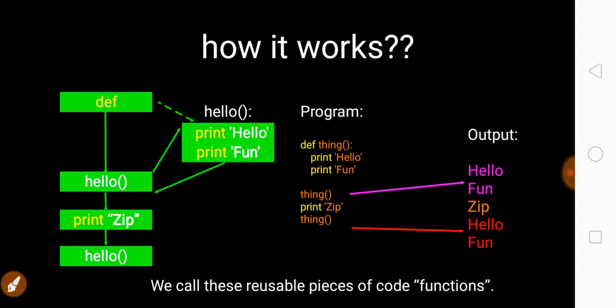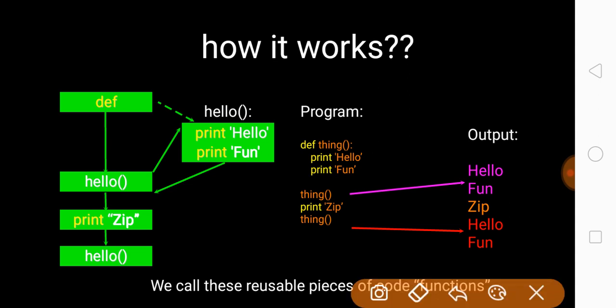Suppose this is our program, and there is another function we have defined, the function thing. This function thing has two lines, and these two lines are hello and fun.